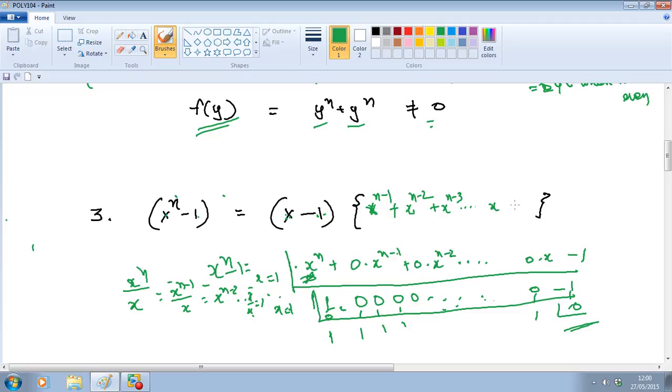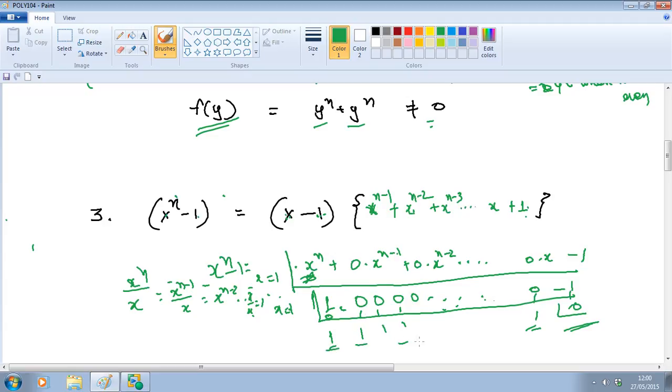And what is the last term? It is plus 1. This you got. So minus 1 multiplied by 1 becomes 1. This process is similar here.